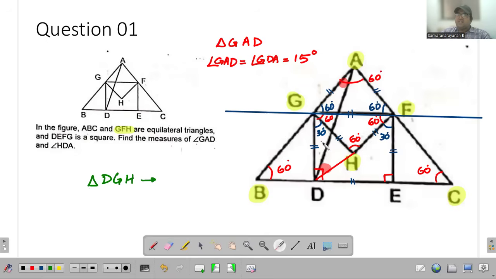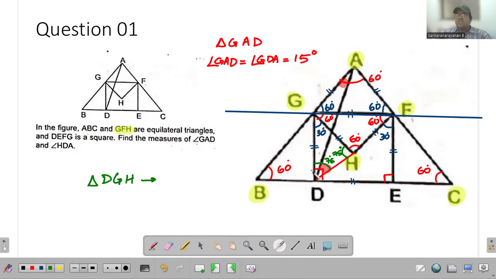From that, I can say for sure that angle GDH plus angle GHD, the total, has to be 150 degrees, which means this has to be 75 degrees. In the same way, this full angle here has to be 75 degrees.